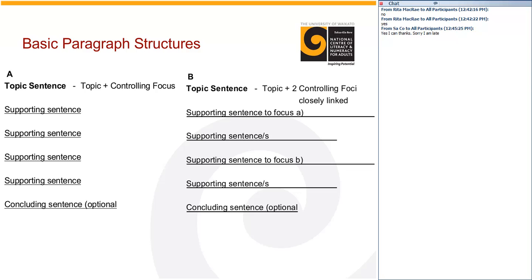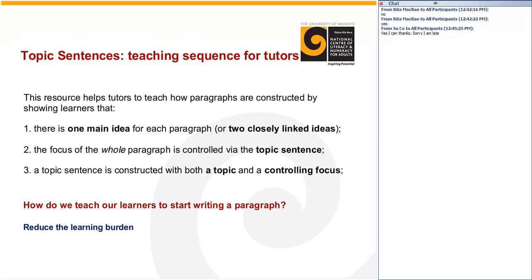I don't know about you, but I really like to have an overview of what a paragraph is, and I think that our learners would probably benefit from having something like this on the wall as part of, you know, thinking about paragraphs. Some of the people that I've been working with in the workshops have said, oh, their learners are probably at too basic a level to write a paragraph.